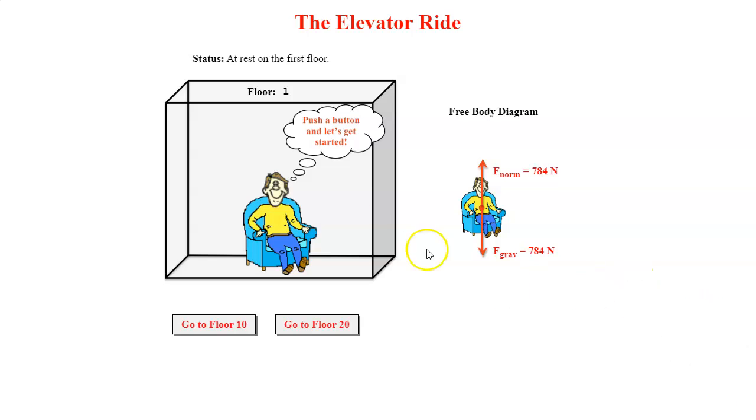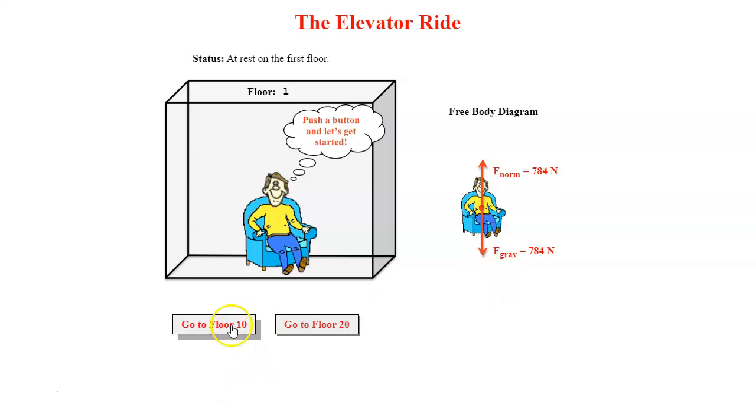So this is what we have in this elevator ride simulation. There's no scale in this one, but there kind of is because it tells you numbers off to the side. This is a person sitting in a chair in an elevator. At any given moment, it's going to show the free body diagram like we drew in our general scenarios. So you should already kind of expect what may happen in the simulation if you paid attention closely to my video and my notes.